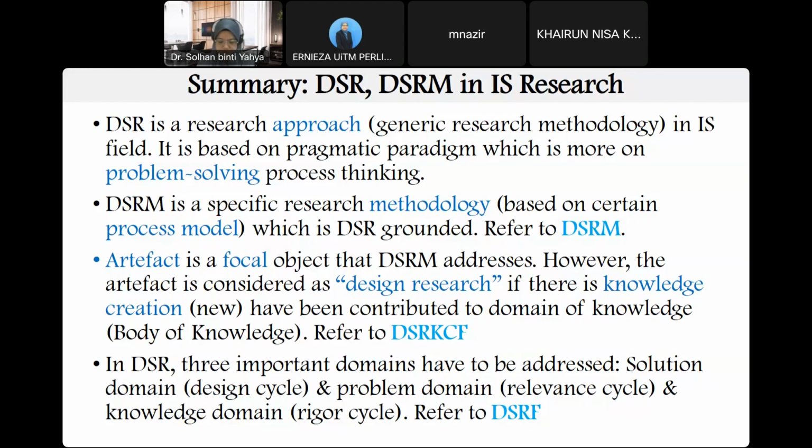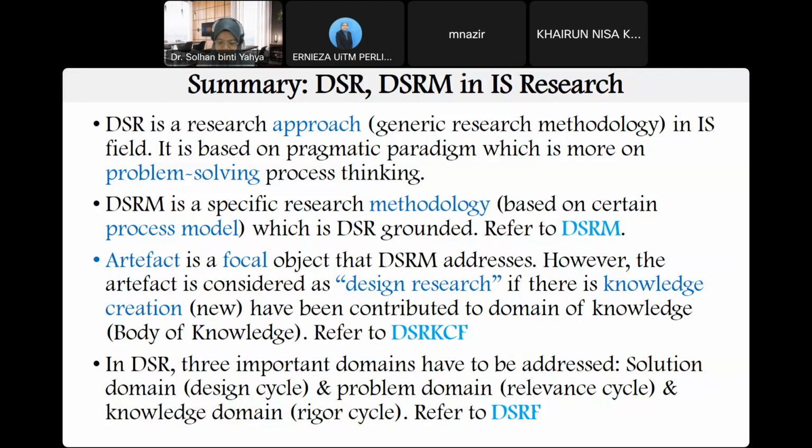We refer to DSRM. The focal point of the design science research thesis is the artifact from the beginning, from chapter 1 up to chapter 5, for example. It's all about developing the artifact.